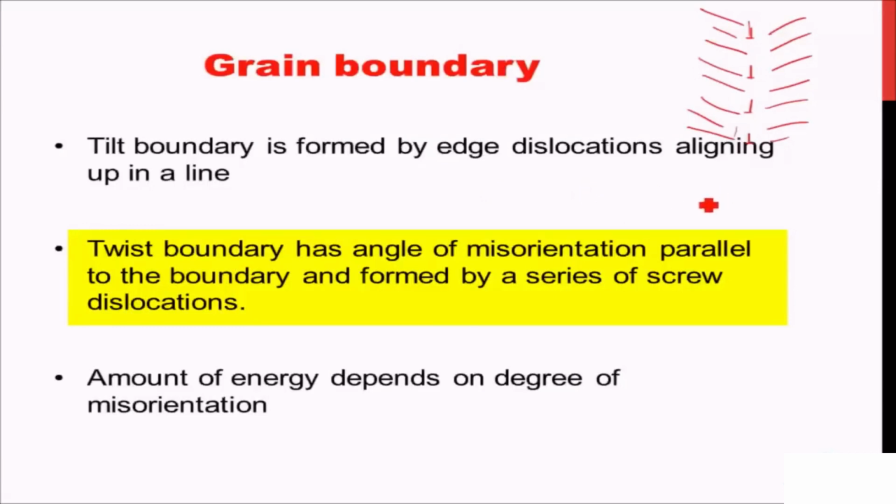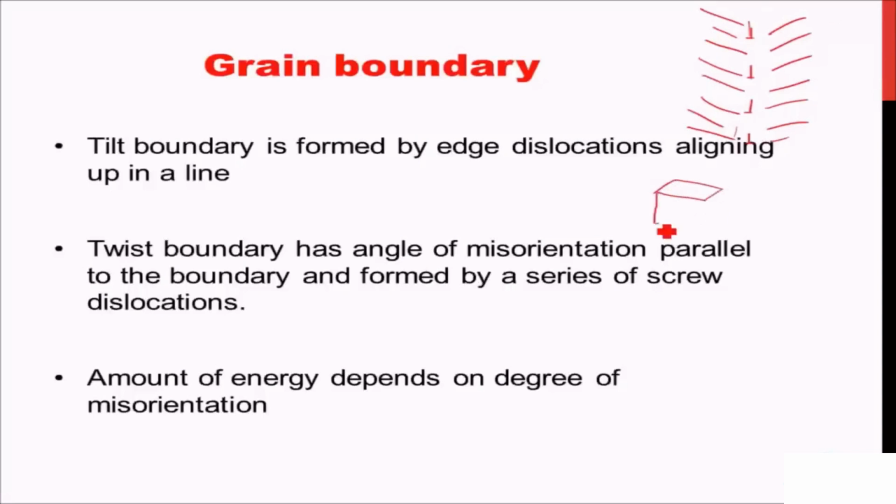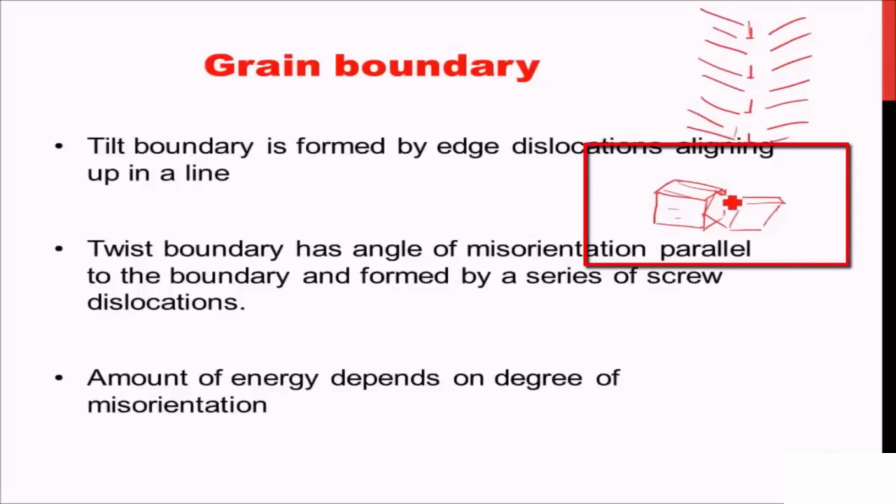And how does the misorientation take place? Here, in the tilt boundary, atoms are like this and this. In the twist boundary, you can imagine atoms are arranged perfectly here, and there is another cube, where again the atoms are perfectly arranged, but this cube and this cube are inclined at an angle to each other, right?